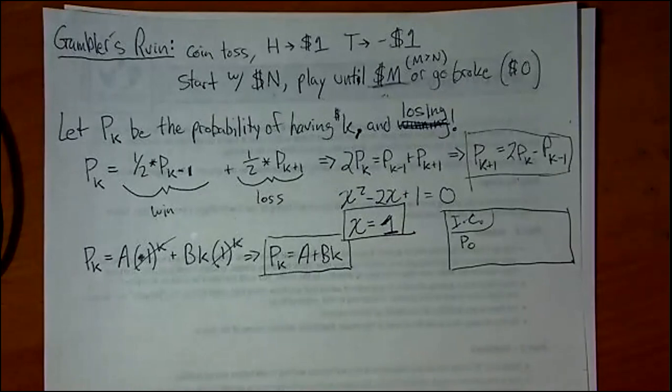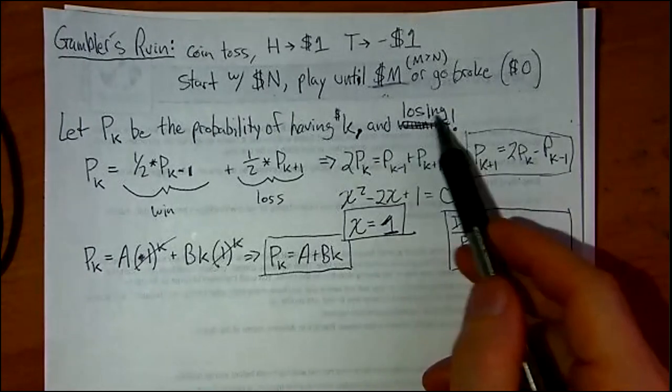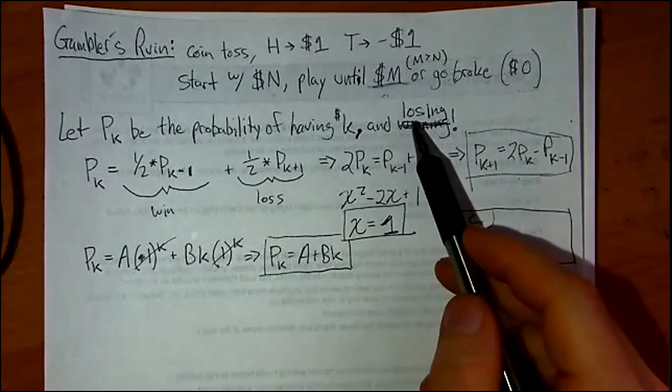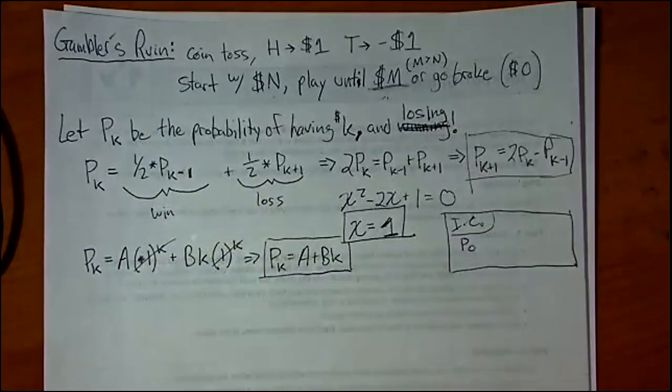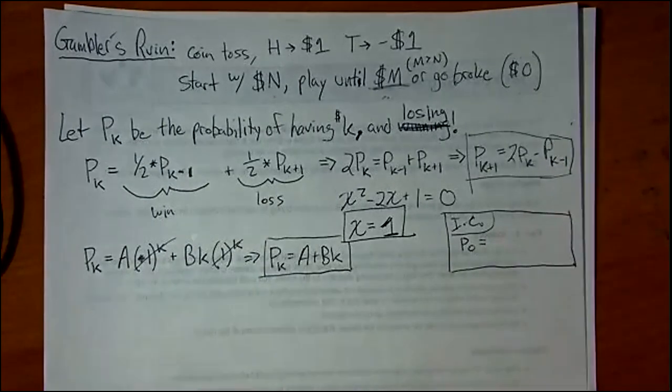So P sub K is the probability of having K dollars and losing and being ruined, right? And losing all your money. That's why it's called gambler's ruin, because we're trying to find the probability of being ruined. So what's the probability of having $0 and being ruined?